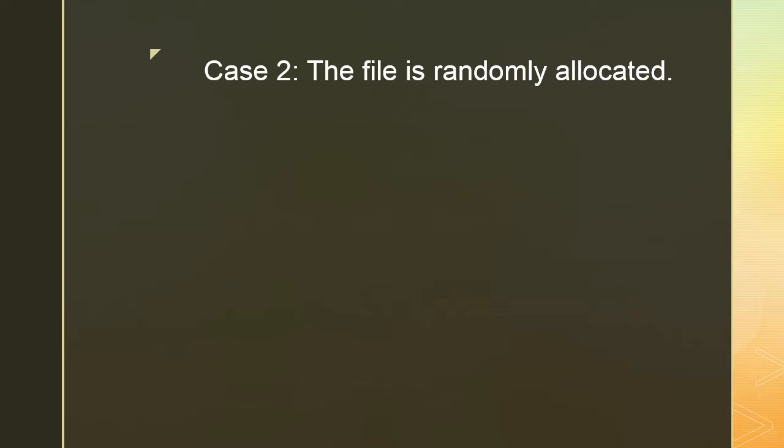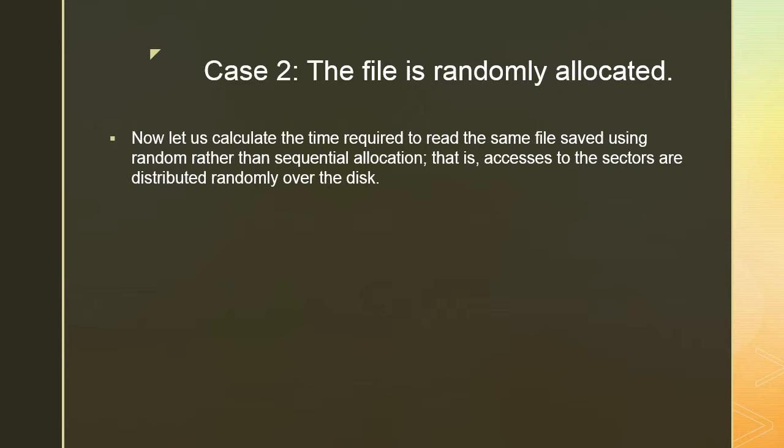Case 2. The file is randomly allocated. Now let us calculate the time required to read the same data using random access rather than sequential access. That is, accesses to the sectors are distributed randomly over the disk.